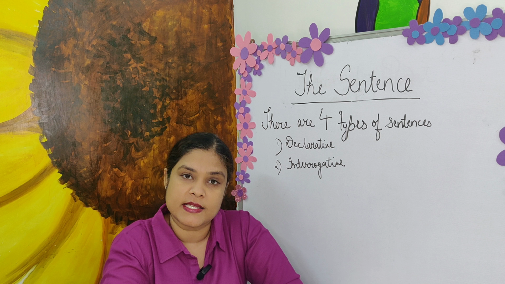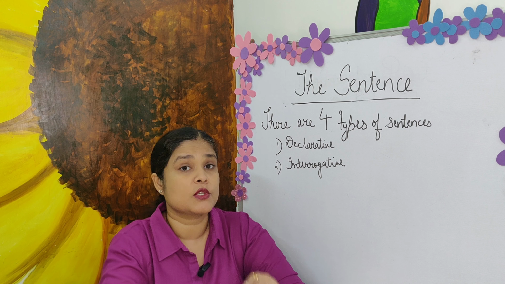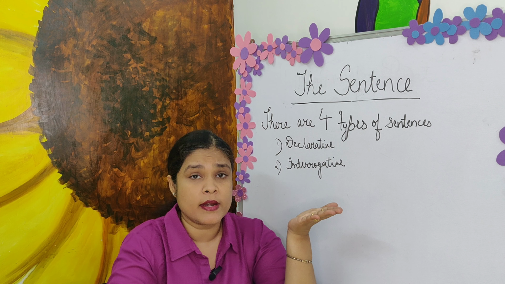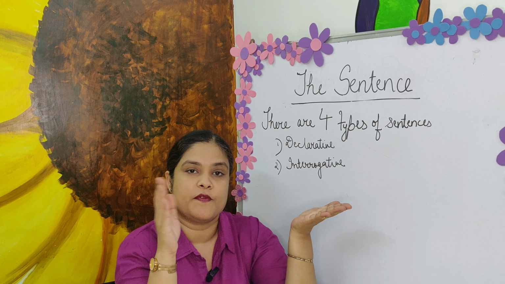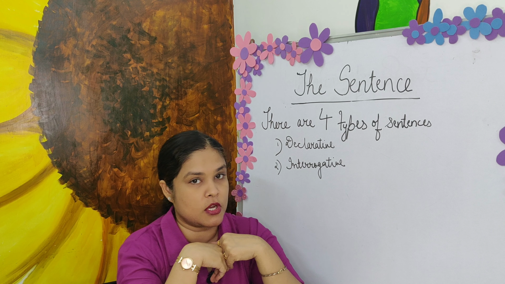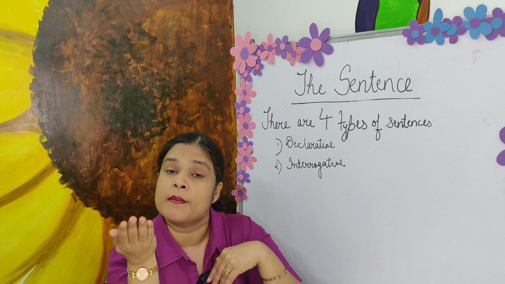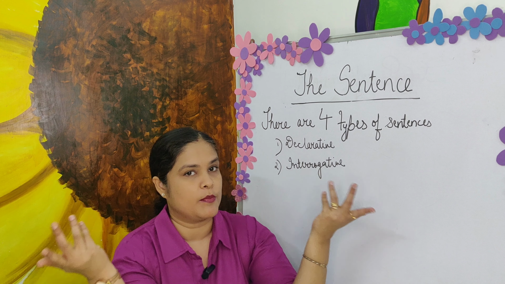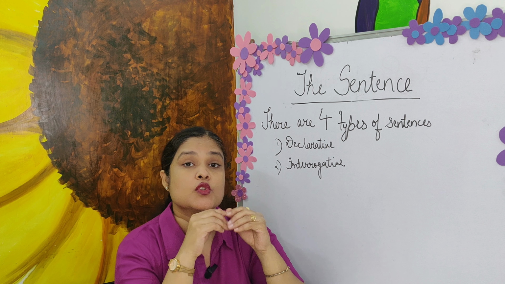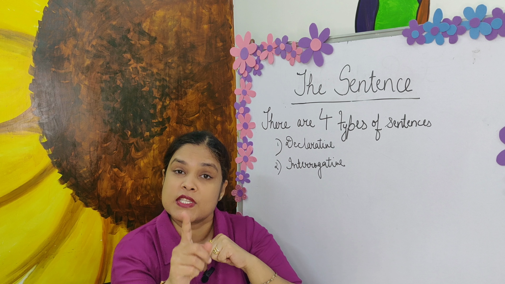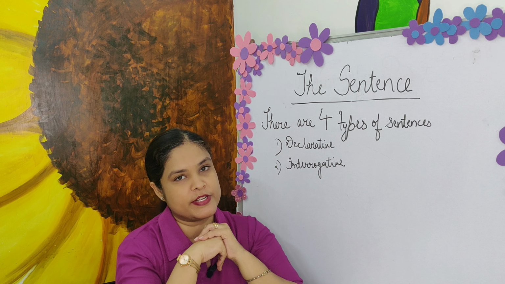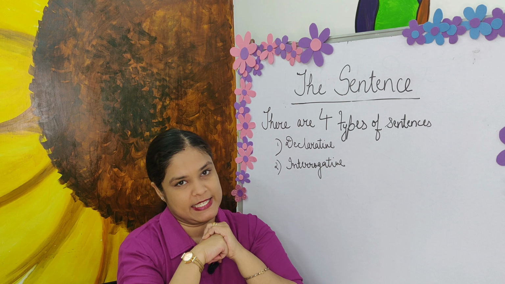Unless and until you know whether this is a question or just a statement. If it is just a statement, we put a full stop. If it is a question, we put a question mark. If it is an exclamatory sentence, we put an exclamation mark, right? So it is important that we know the different types of sentences, okay?